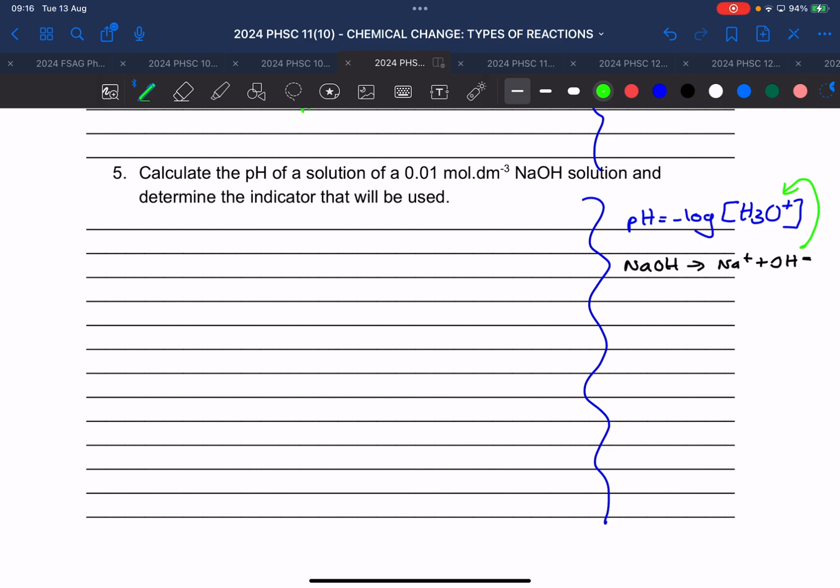What is the question? How can you go from hydroxide to hydronium? It's a base, so it's a hydrogen acceptor. No, it's an acceptor.